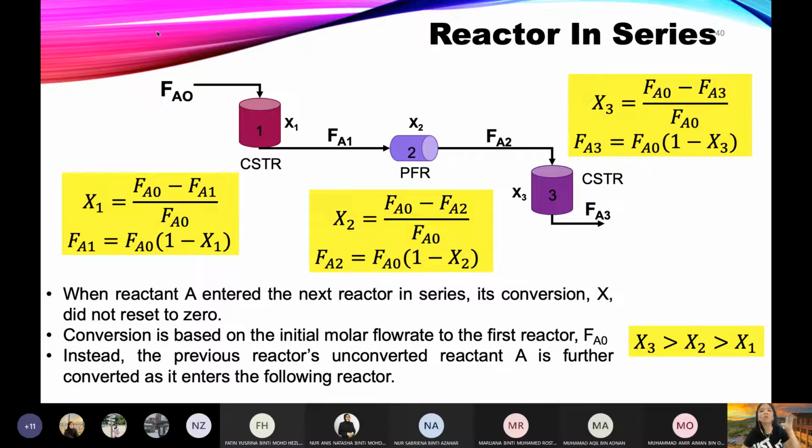So conversion dalam reaktor pertama, 100 minus 50, in minus out, divided by the in again. So 100 minus 50 divided by 100, you get 50%. Maksudnya 50% of your A has been converted in the first reactor.